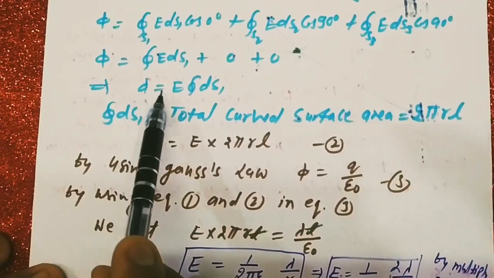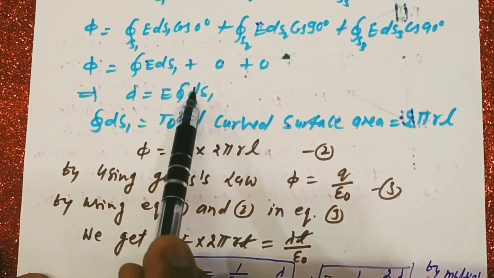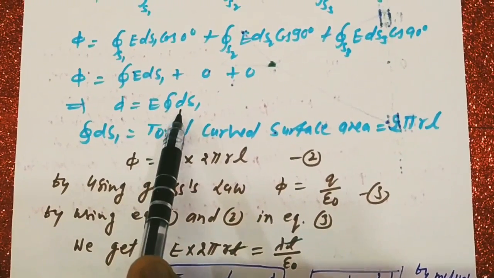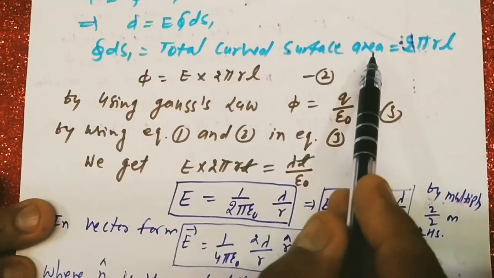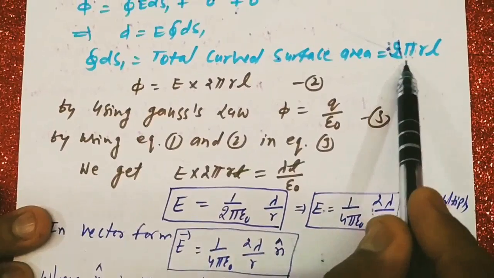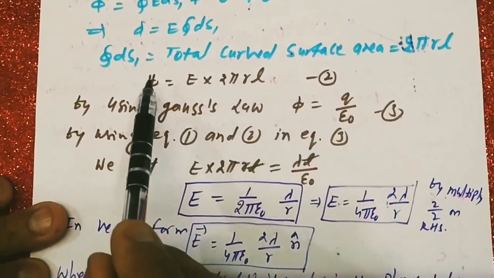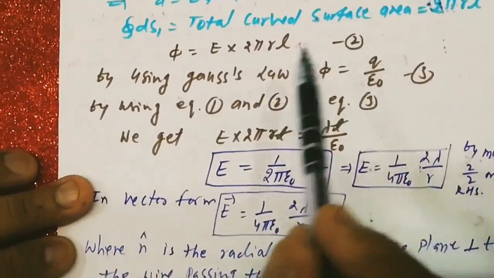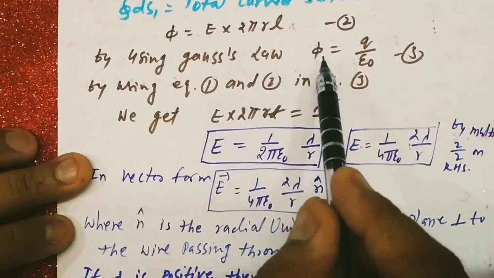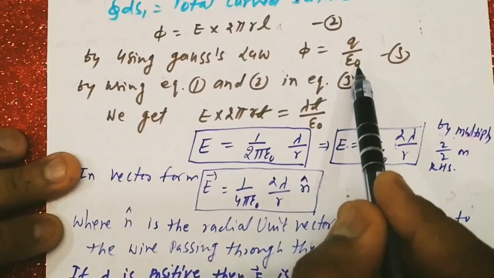This implies phi equals E times the integral of dS1. The integral of dS1 is the total curved surface area, which is equal to 2 pi r L. So phi equals E into 2 pi r L. This is equation number 2. By using Gauss law, phi equals q upon epsilon 0.